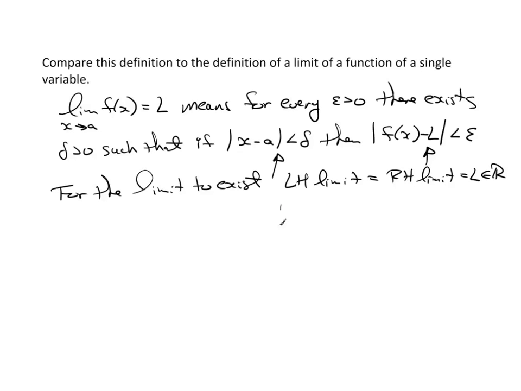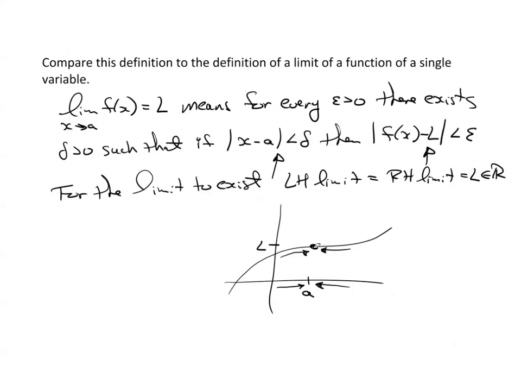What that means graphically is if this is a, and here's a limit at L, then as I approach a from the left, and I approach a from the right, the left and right-hand limits both approach the same value of y, which is in fact L.